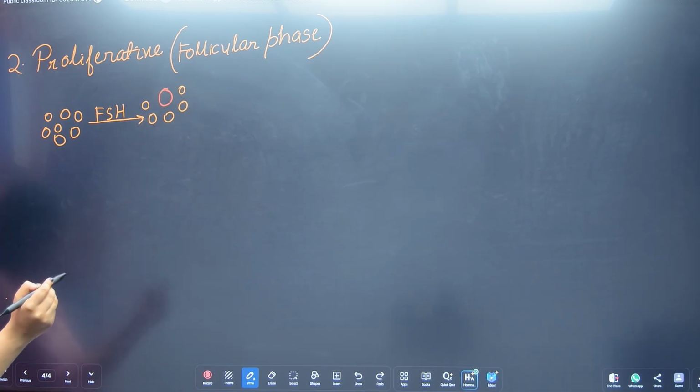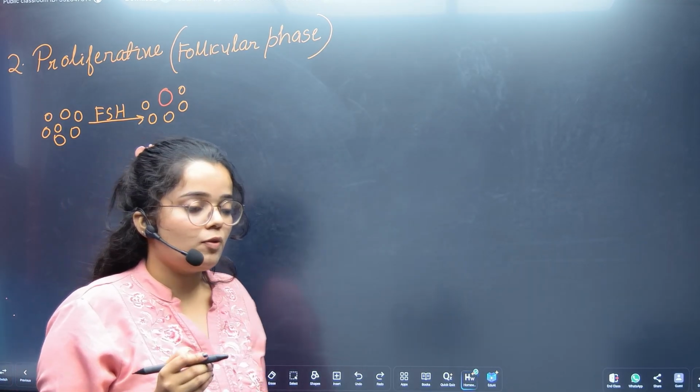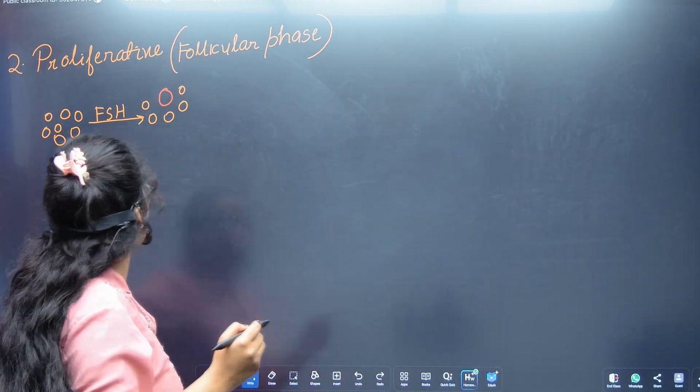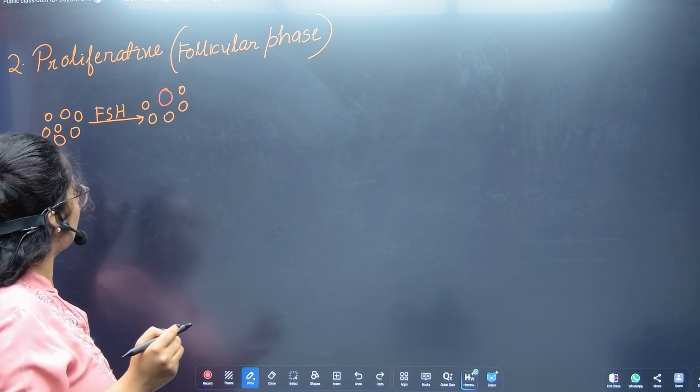Due to the action of follicle stimulating hormone, these follicles start growing and maturing.